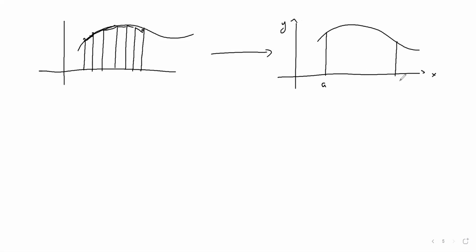So let's say we have a number A here and a number B here. And what you do instead, because this is a function, y equals f of x, you're going to split up this segment from A to B into small segments. And instead of taking, like we did earlier, trapezoids to approximate the area under the graph here, what we're going to take is actually rectangles.